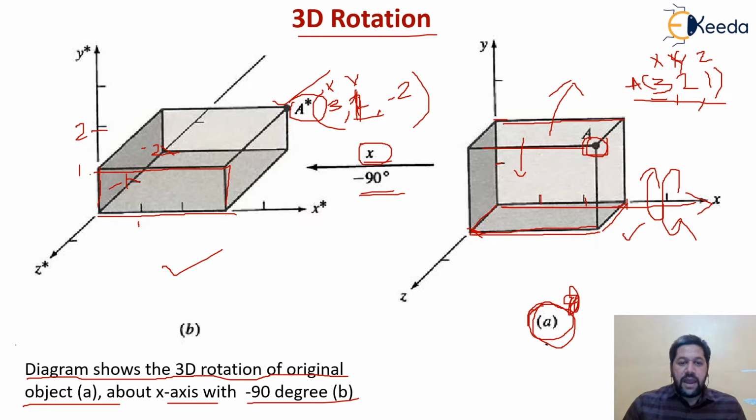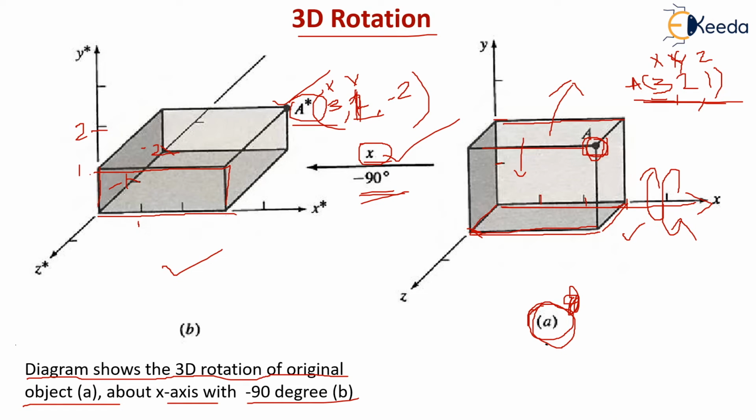Getting me? So my object A star or A dash has appeared, which was initially here having the value 3, 2, 1. After rotating the object about x-axis with -90 degree, my object will be sent to the back side keeping x fixed. So my point on the object has appeared here as a star.